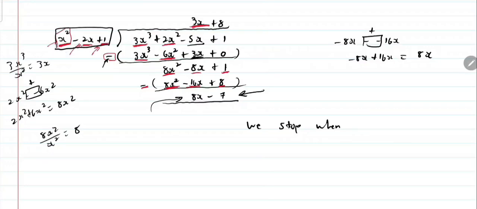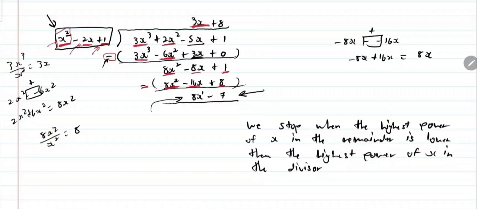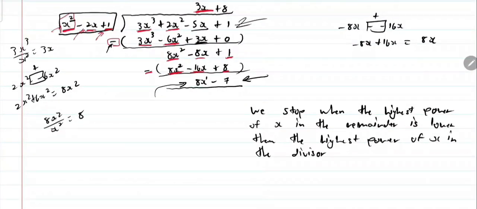I mean the highest power of x, right? The highest power of x in the remainder is lower than the highest power of x in the divisor, right? The highest power of x in the remainder is 1, and the highest power of x in the divisor is 2, right? So we stop. We stop when the highest power of x in the remainder is lower than the highest power of x in the divisor.